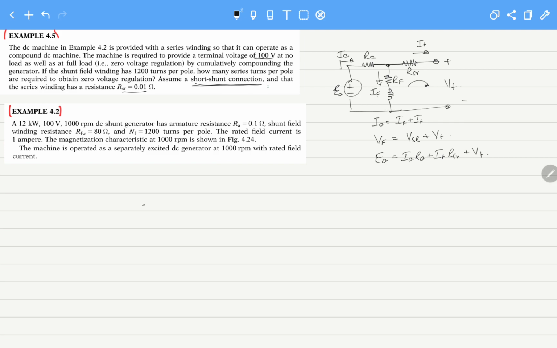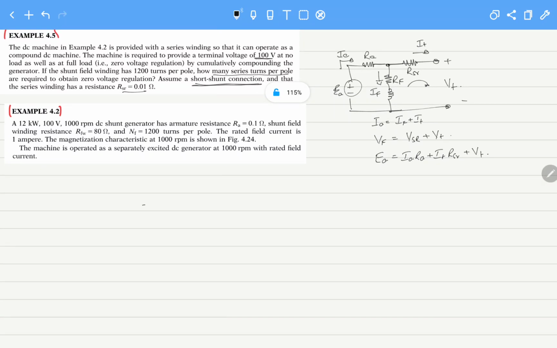And what it is asking is how many series turns per pole are required to obtain zero voltage regulation. That means 100 volts will also be produced at full load.